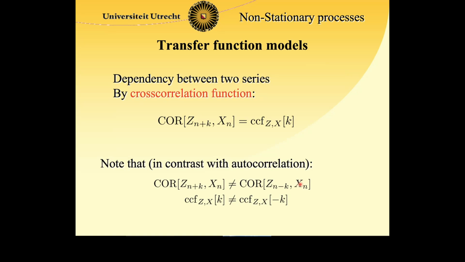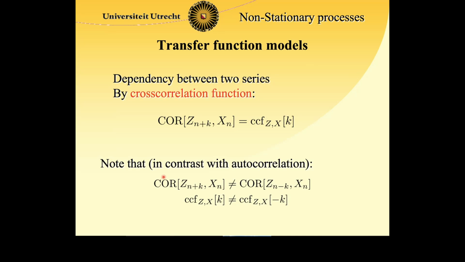And that is logical, obviously, because, for instance, if x would be rainfall, and this would be the groundwater level, it can be that the groundwater level 2 days from now, k is 2, depends on the rainfall that fell today, but it's unlikely that the rainfall of today has any dependency with the groundwater level 2 days ago.